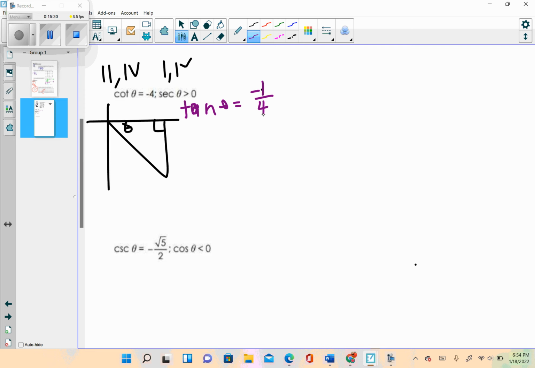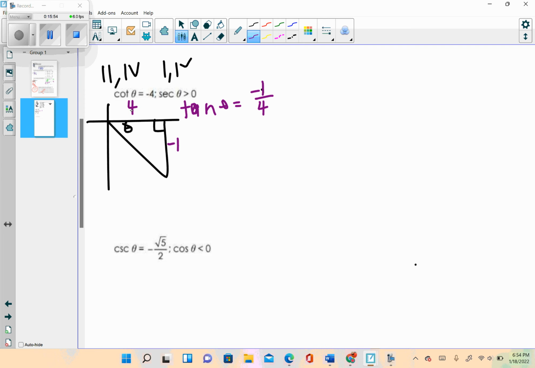Okay? So tangent is opposite over adjacent. Now, you'll notice I did not label that one negative immediately or the 4 negative immediately. So you have to look which one's on the negative side. This is a positive x-axis. This is a negative y, so that has to be a negative.